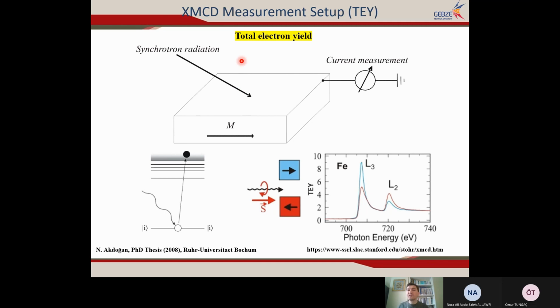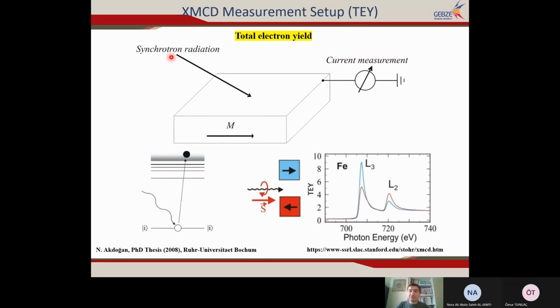In case of total electron yield, we count photoelectrons and Auger electrons coming from the surface of the material. This is the magnetic material, a thin film. This is the synchrotron light source, which comes at a certain angle, and this is the direction of the magnetization.